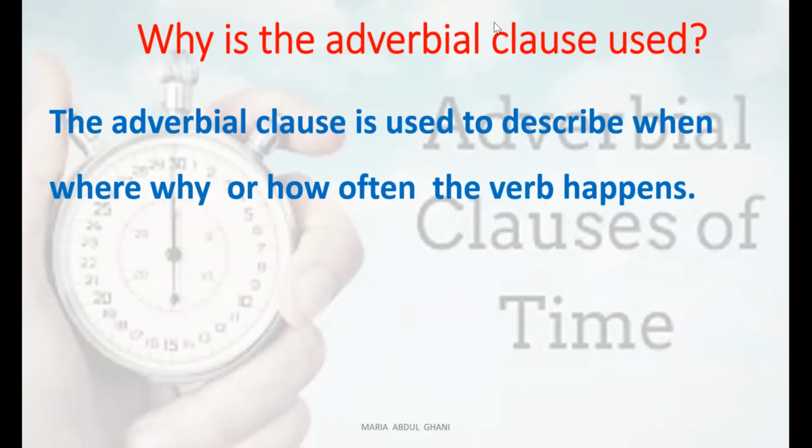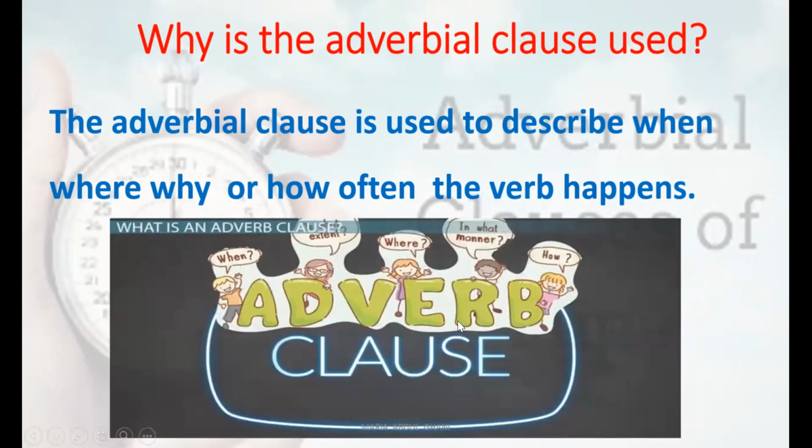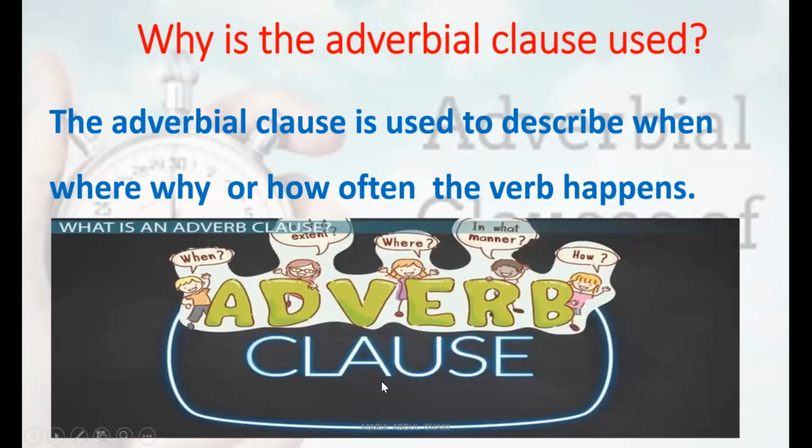Okay? So from its name, the adverbial clause is the clause used to describe the verb. Here you are, the adverb clause: when, to what extent, where, in what manner, how, how often, all of these.